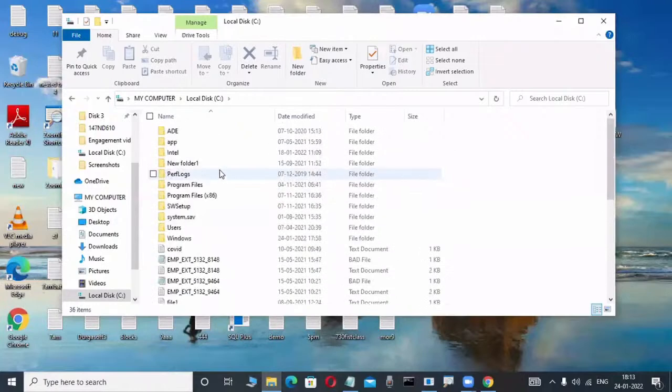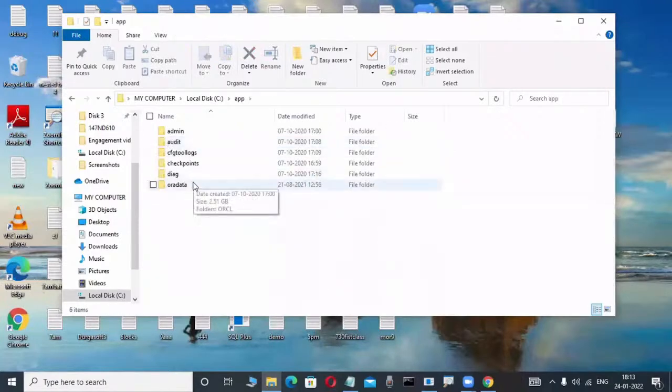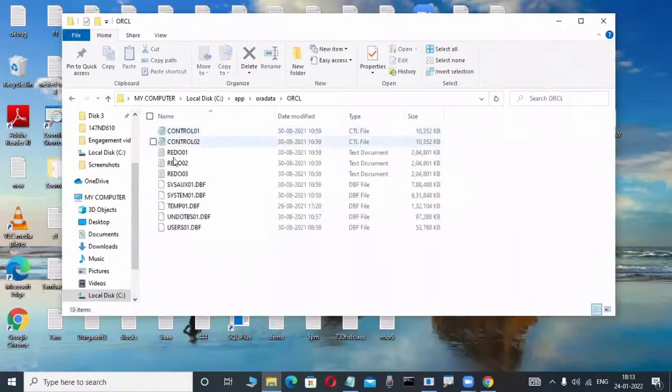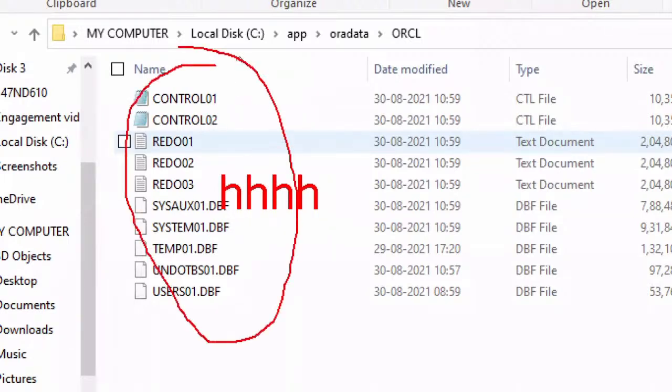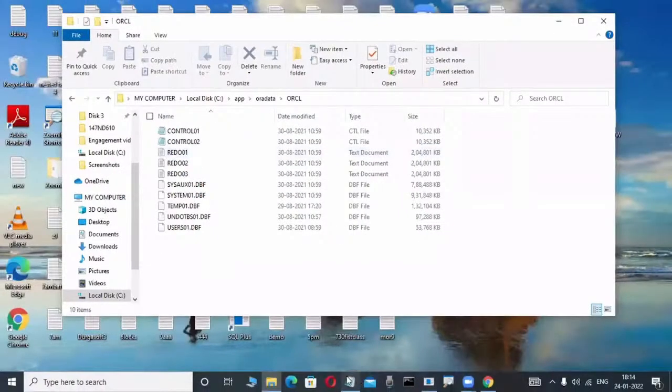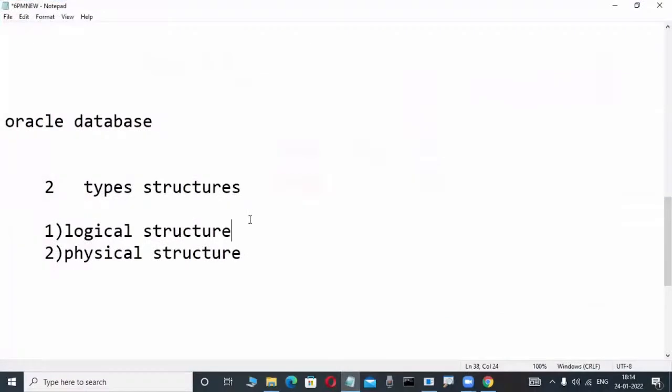I am installing Oracle in the C drive or somewhere, and in this C drive your table is not available. Whatever table I create is not visible in the C drive or D drive. That's why a logical structure means a structure which is not visible in the operating system.